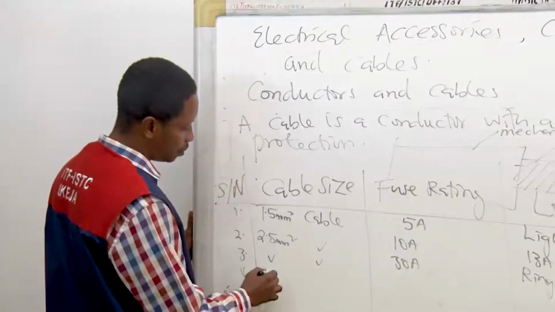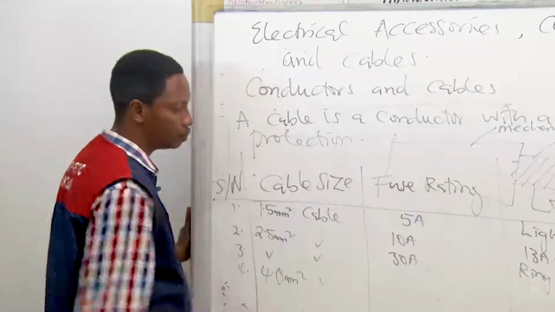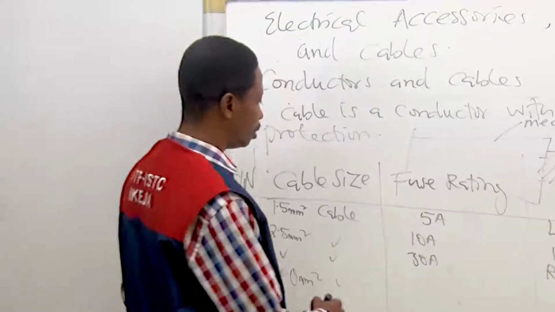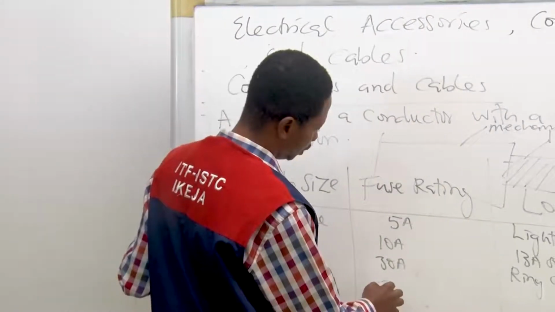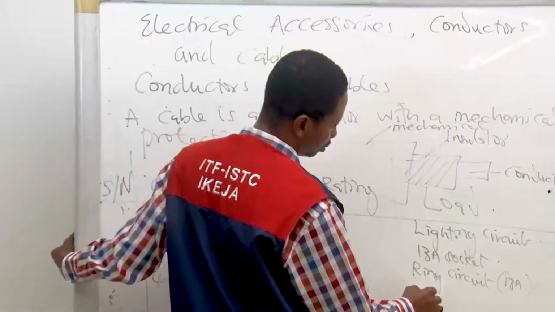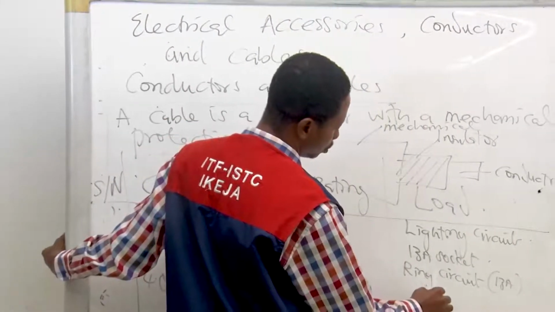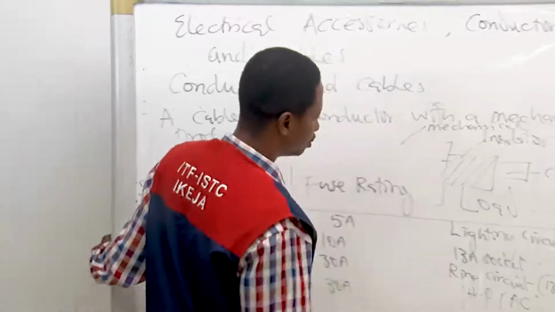We have 4 mm square cable. For 4 mm square cable, we have 30 amps, for AC circuits.